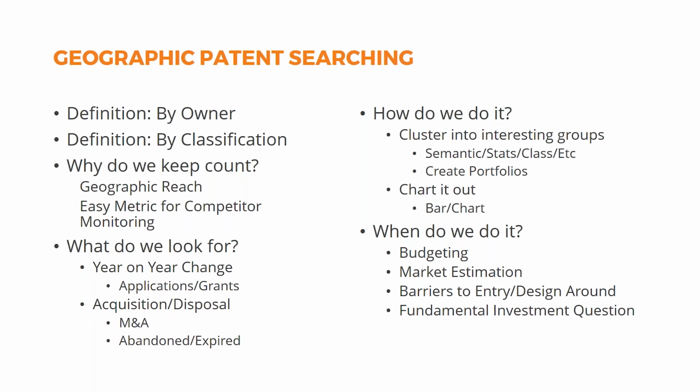If you look at the owner that is filing in those marketplaces, you can make some decision about which entity of the company is doing the patent filing, and are there reasons other than simple legal action? Are there tax actions? Are there other things that would be inferred from those geographic patent counts?